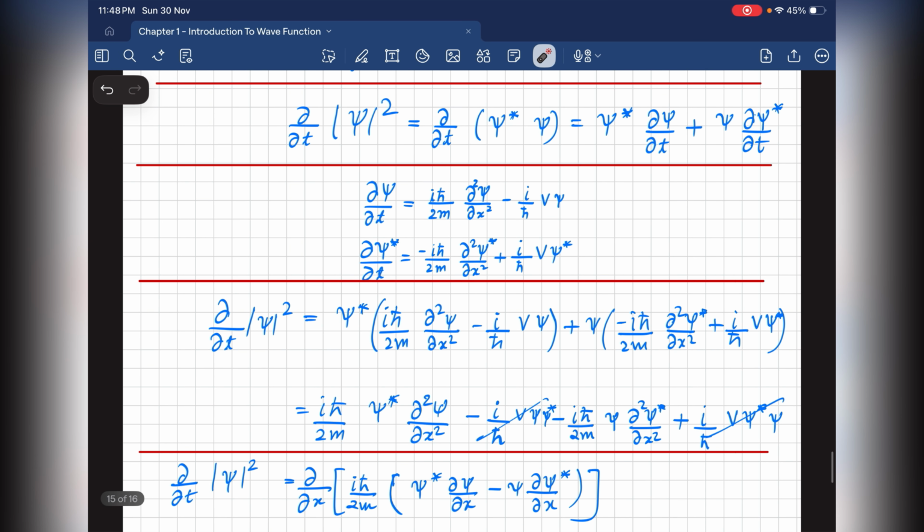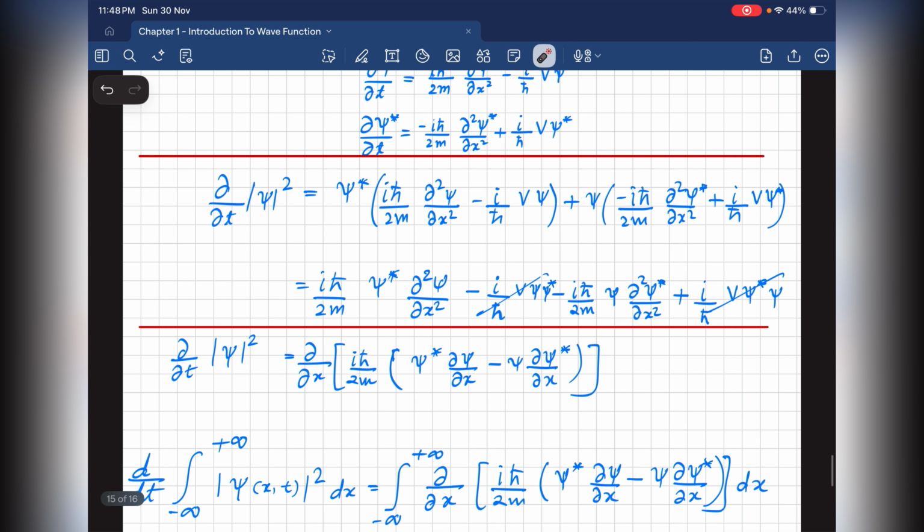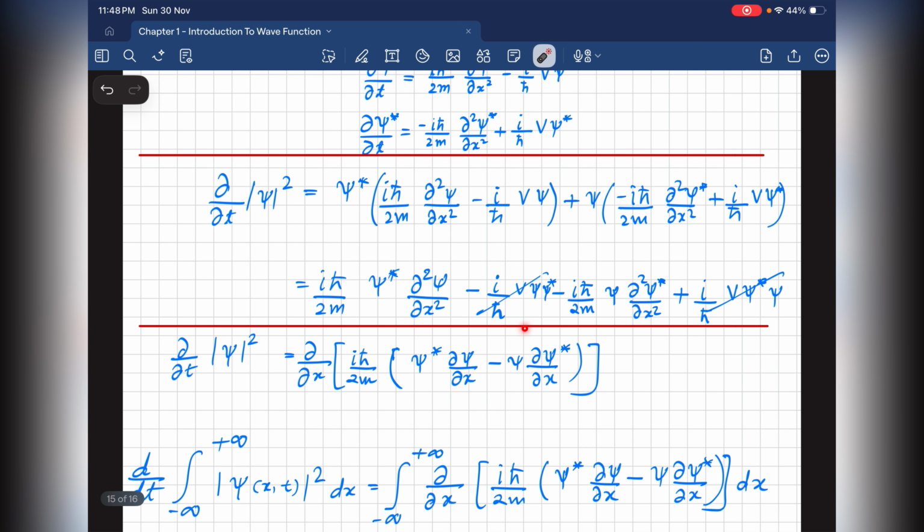So now let's expand this by putting these two values into the above equation, and let's see how it evolves. We can see this potential energy term is being cancelled out here, and we are getting these two terms.